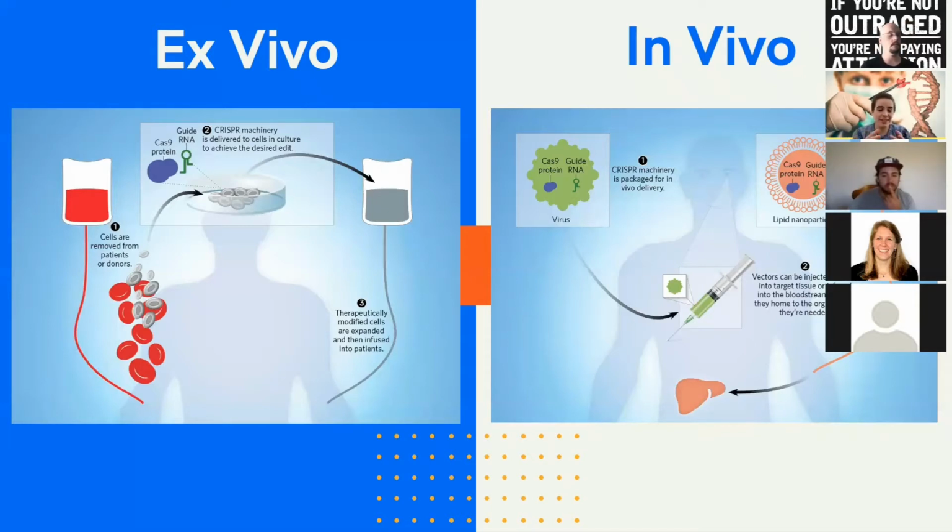In these instances, you need a lot of cells, in the millions, if not billions. The final step in the ex vivo process is to reinfuse it back into that patient's body through a process called transfusion.